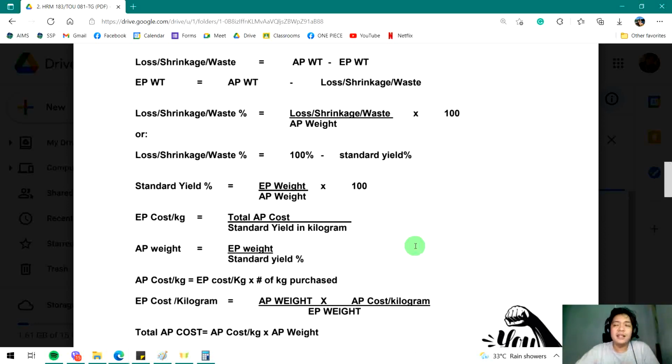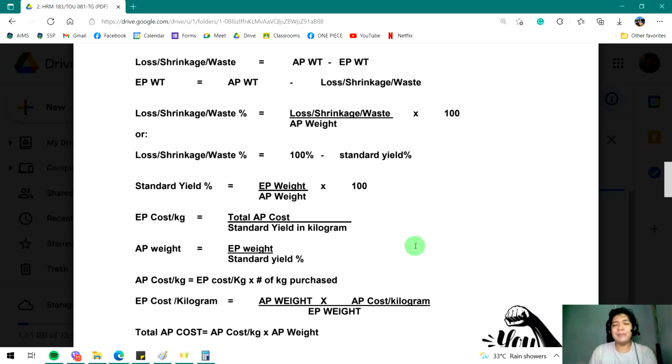Let's be real. Pag kayo ay gagawa na ng sarili ninyong business, mag-search pa rin naman kayo kung papaano mag-compute ng loss or waste, or papaano i-compute yung edible portion. You will still look for guides or ways para guided kayo when you are doing your costing.